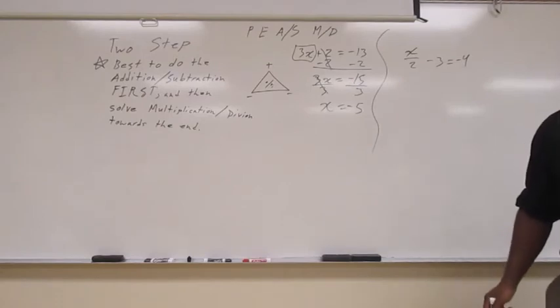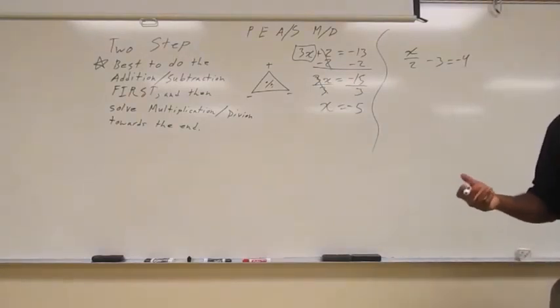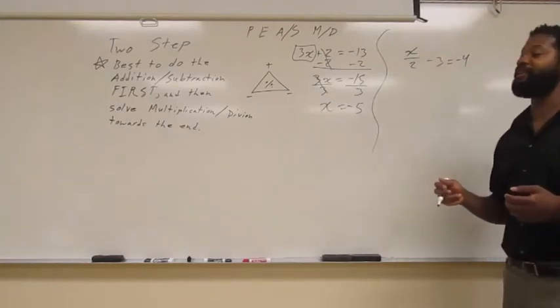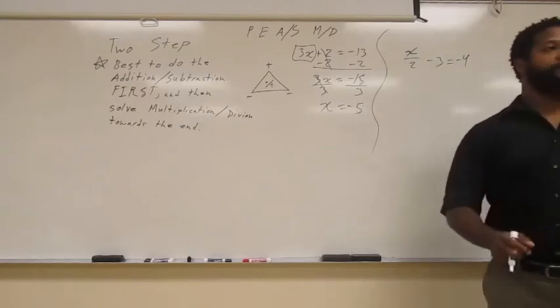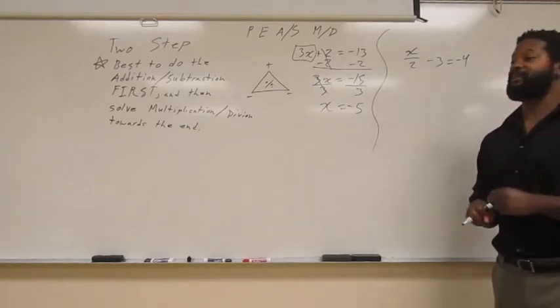What's the one thing that we're trying to get by itself for right now? Or what's the one thing we gotta get rid of? Yeah, well, we gotta get the x by itself, but what's the one thing that we gotta get rid of? The -3, yes. We'll get rid of that later.